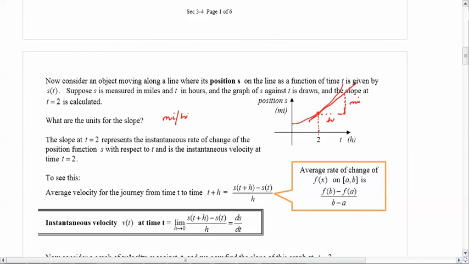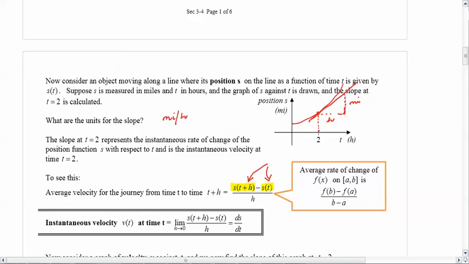So to see this, the average velocity for the journey from time t to time t plus h, remember, going back to 8th grade, is distance over time. We can subtract the positions. s of t plus h is the position at time t plus h. s of t is the position at time t.